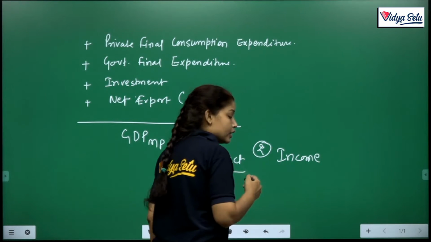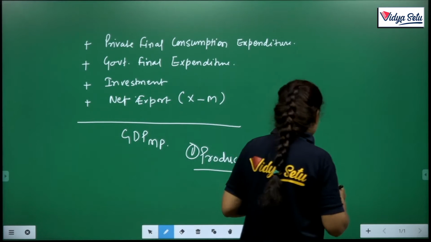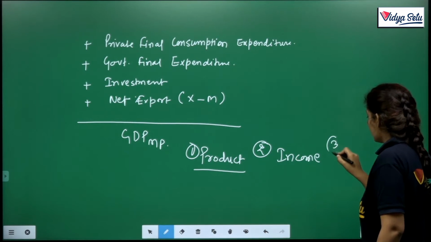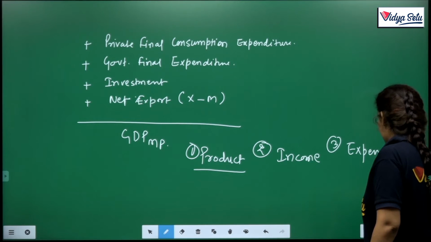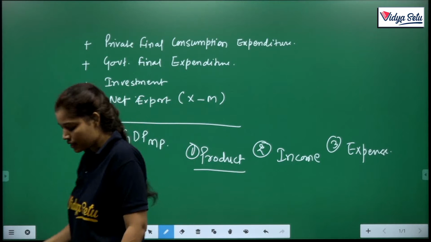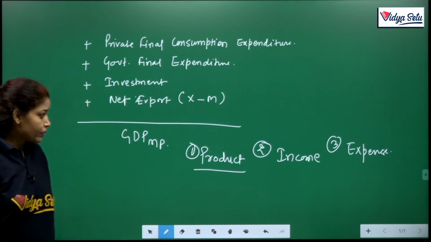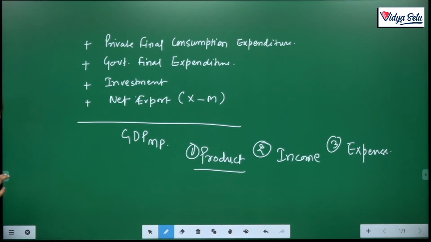If there is a problem calculating income, then the person who expends, because one person's expense is the other person's income. So here are the three methods, and we are on the third method, the third stage.